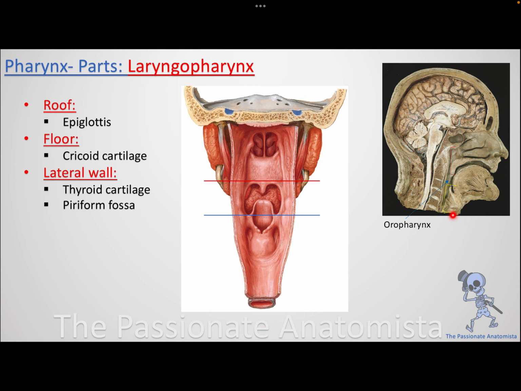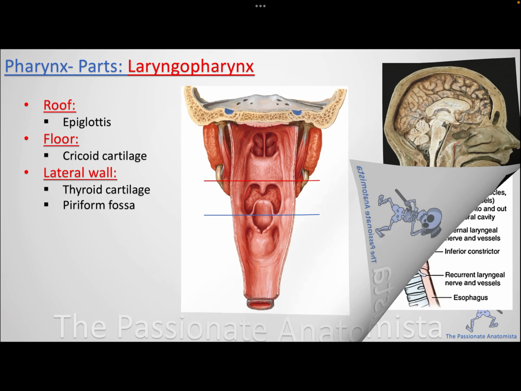I cannot see it, but the cricoid cartilage is down here, because this is the end of the laryngopharynx. Now, what will happen on the lateral wall? If you look at the lateral wall, you will find the thyroid cartilage laterally. This is the thyroid cartilage outside, and this is a fossa, which is very important. This is the pyriform fossa. We're going to talk about the clinical note in a while.